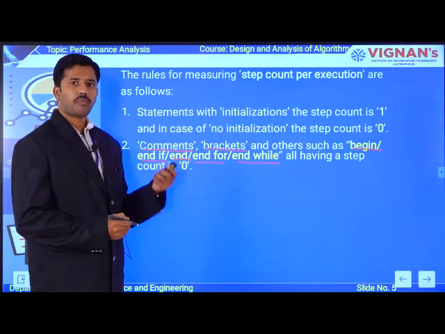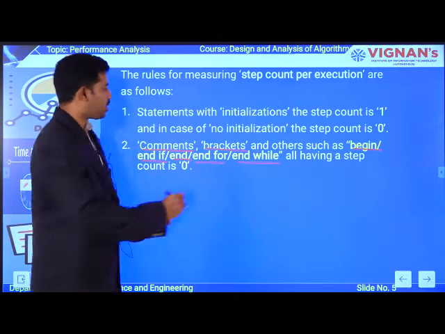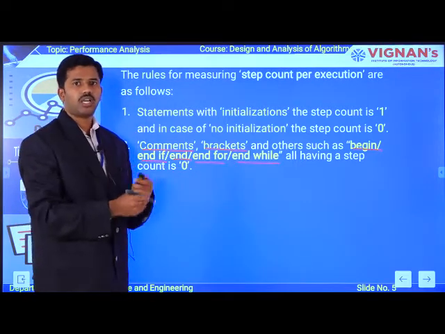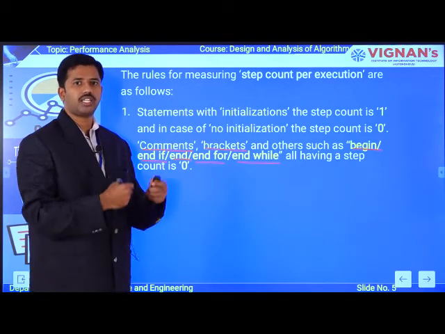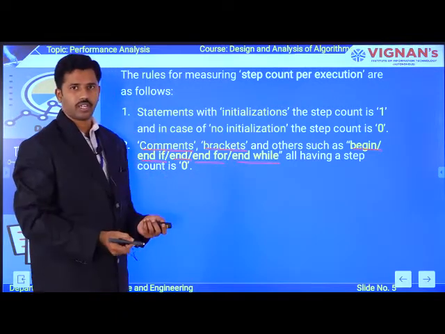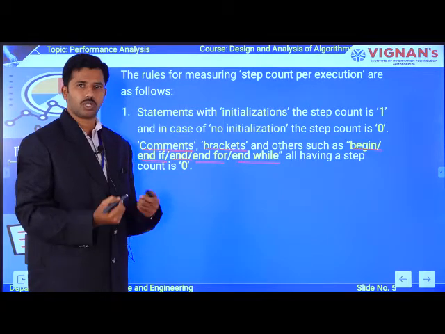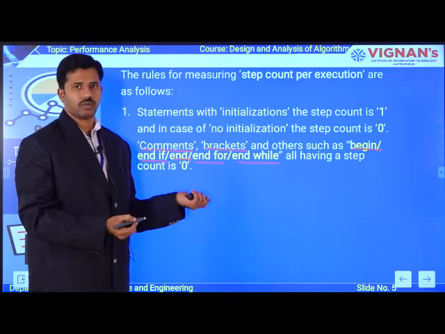Because these are predefined keywords that you are simply using. You are not writing any logic in your algorithm for these keywords; you are simply retrieving the predefined logic, not writing your own.